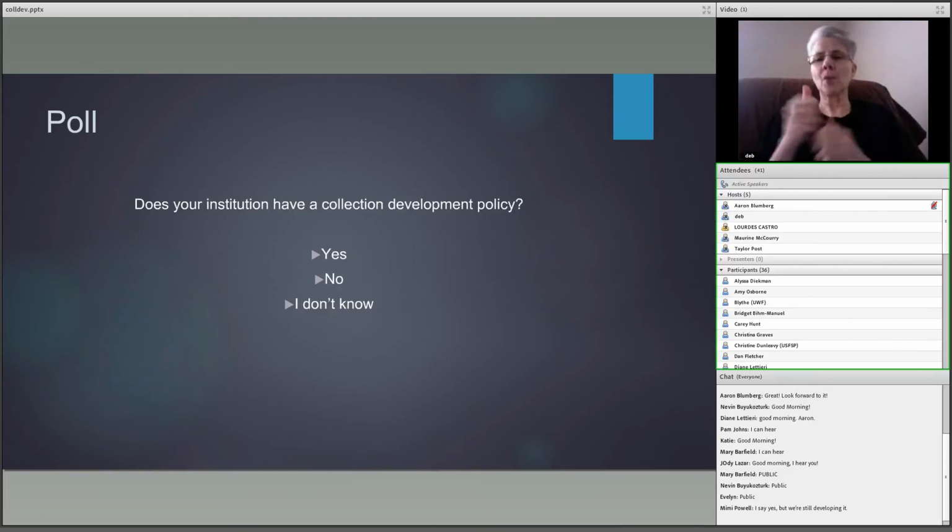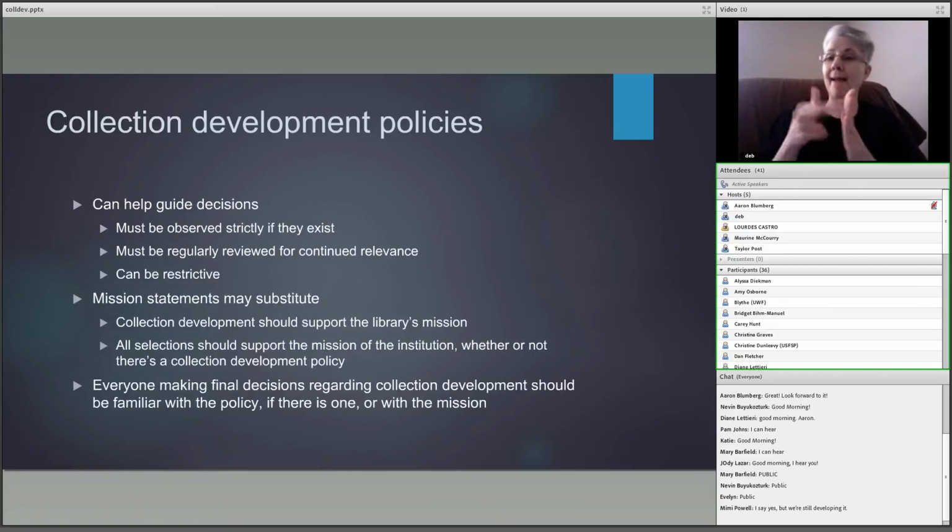But for most libraries, having a collection development policy is going to be essential and might even be required by guidelines at your institution. Because collection development policies can help guide decisions. If you do have a collection development policy, you have to follow it. You need to strictly follow it.